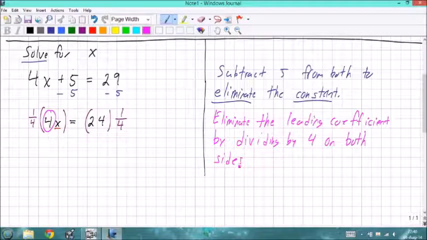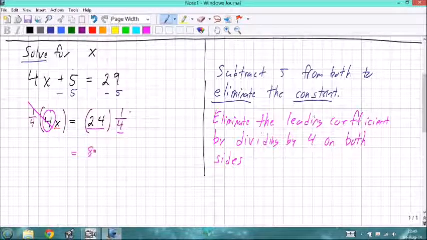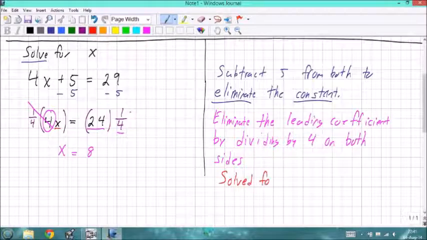All right, 1/4 times 4, they eliminate each other. 24 divided by 4 is 8, times 1 is 8, so I have an 8 on the right, and my x is on its own on the left. Since my x is completely isolated on the right-hand side, I would say solved for x, and we'd be done.